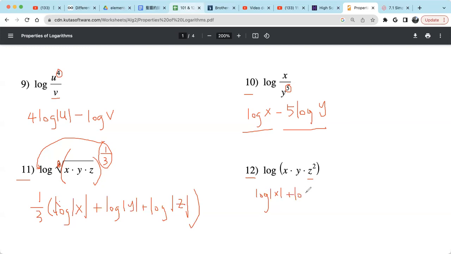So once we split them, we want to force each one to be positive. Then plus 2 times log z, right? Because 2 is the exponent of z. And also we want to force z itself to be positive. You see, this 2 only applies to z, so it's only in front of the log z.